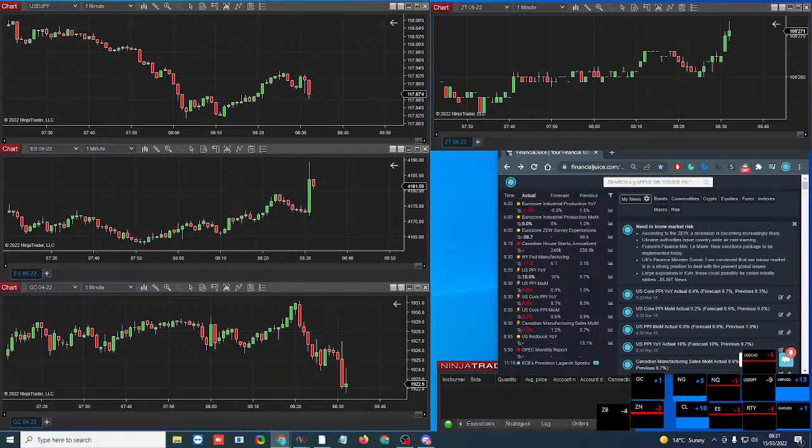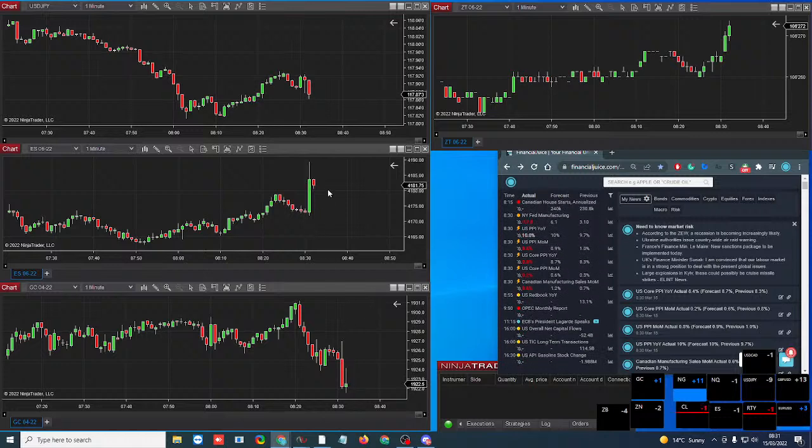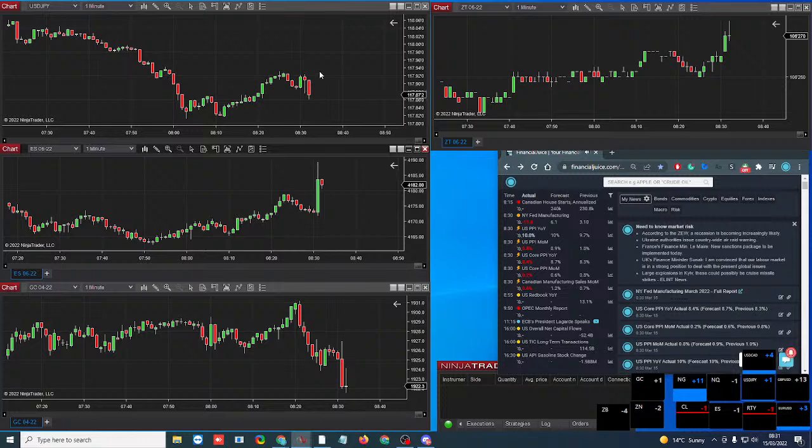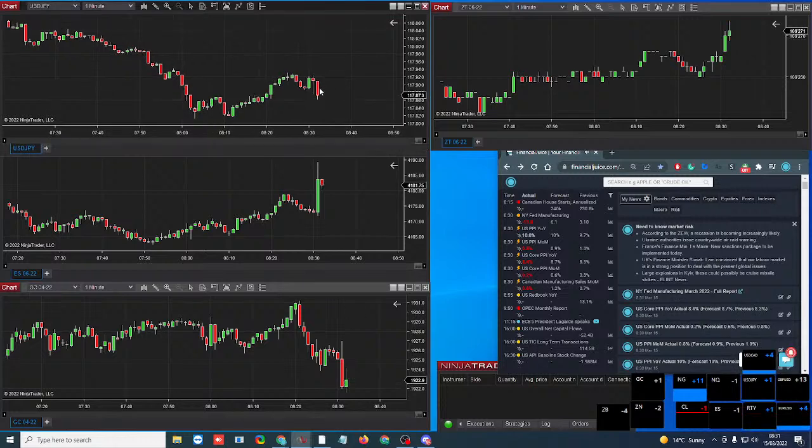Whereas here, again, it's not strong data from the PPI report. Okay, now seeing some moves towards the downside on the dollar yen.